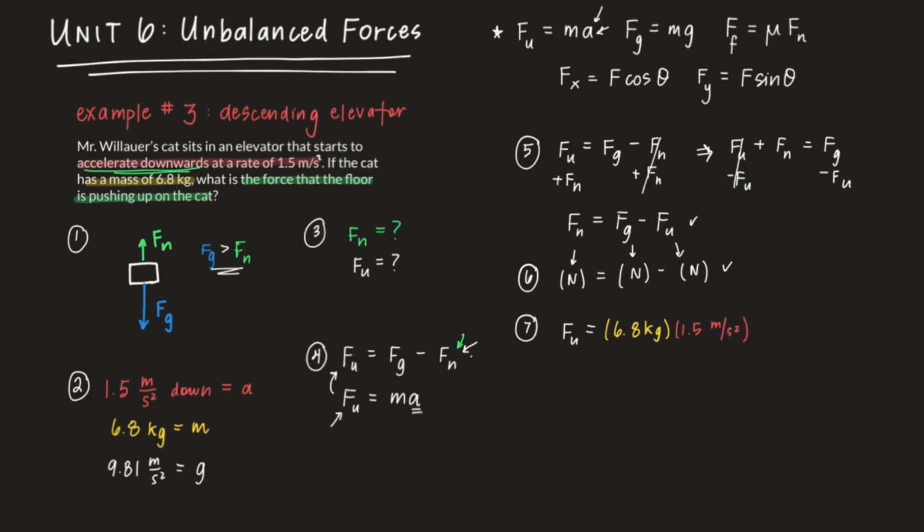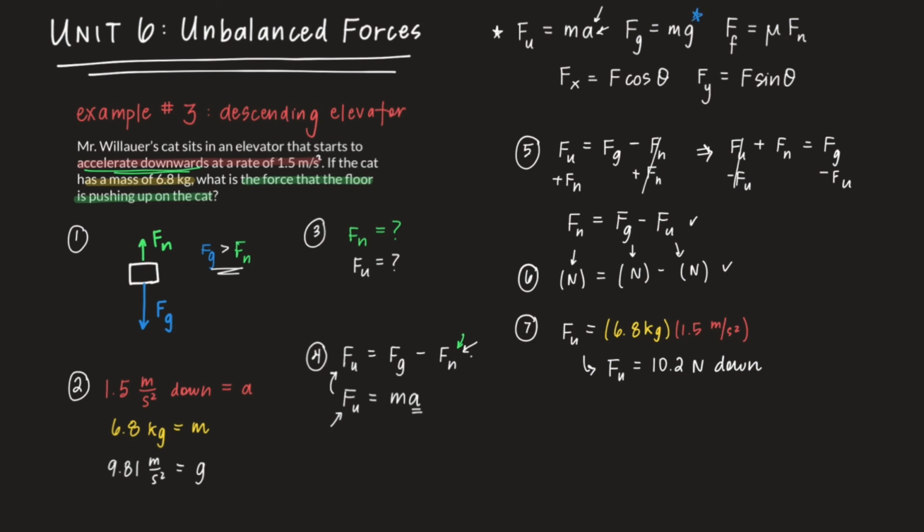And if we plug that into our calculator, we find that the unbalanced force is equal to 10.2 newtons, and that unbalanced force is in the direction of our acceleration, which is down. So Fu is equal to 10.2 newtons down.